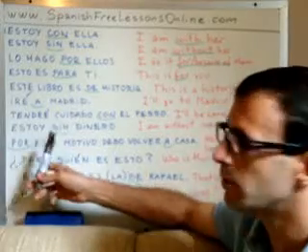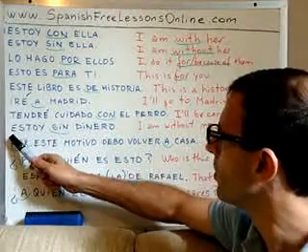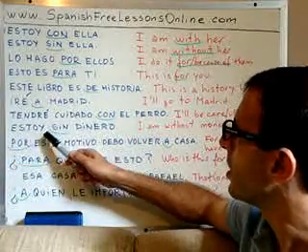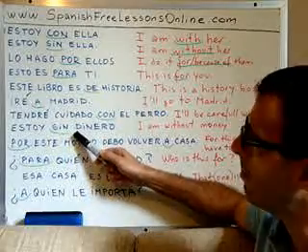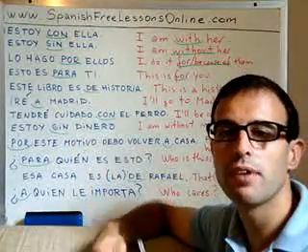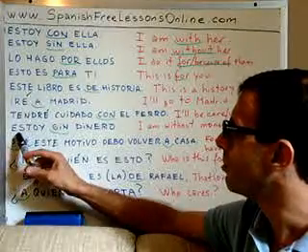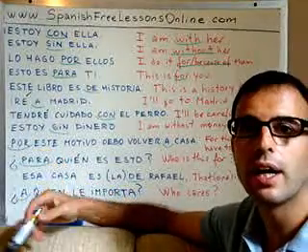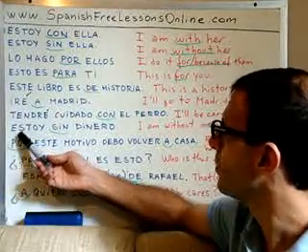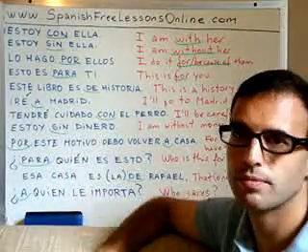This literally, I translated it literally, word by word. I am without money, or I don't have money. I don't have any money. In Spanish, this is the most common way of saying I don't have any money. Estoy sin dinero.